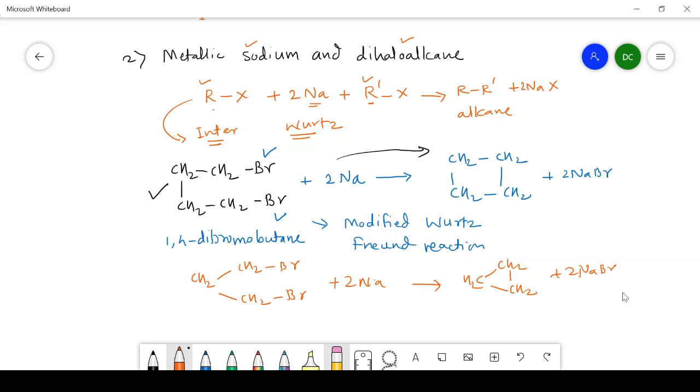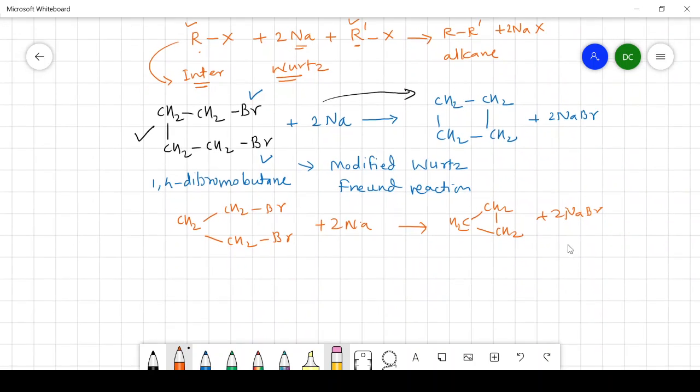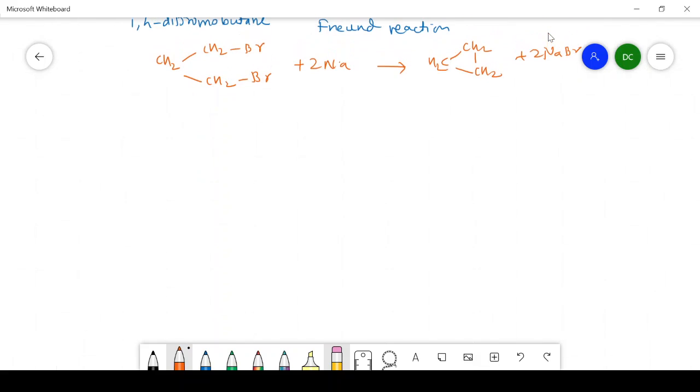Then a third method which is used for the preparation of cycloalkane is the Diels-Alder reaction.